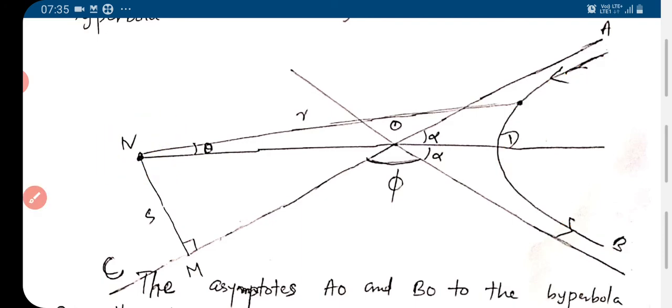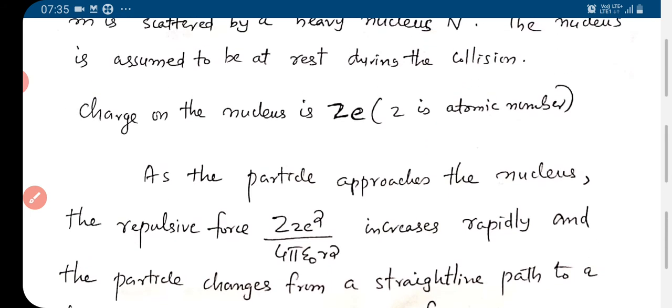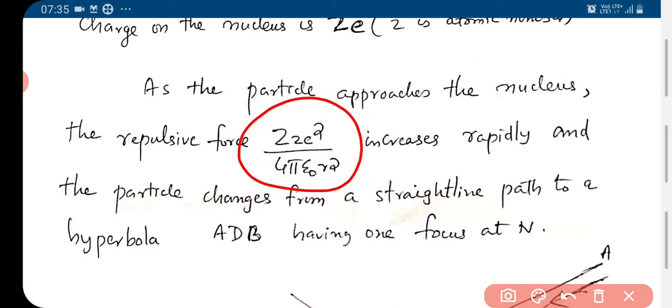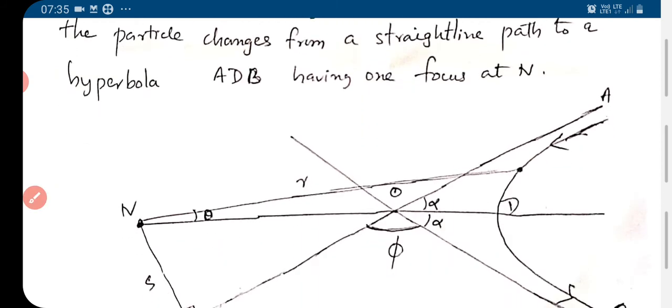So as the particle approaches the nucleus, the repulsive force acting on it is given by capital Z small z e squared over 4 pi epsilon 0 r squared. And as it approaches, the distance r decreases.